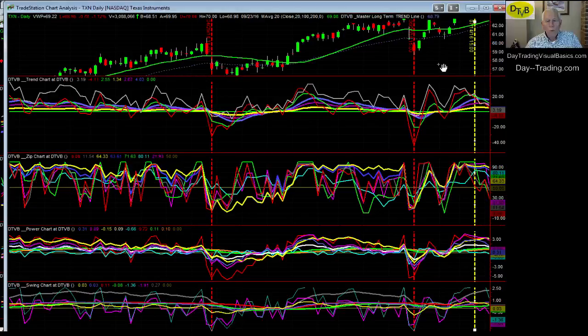For Zip red, we have a couple different categories. When Zip red moves 70 plus points and ends up in the 80 to 90 range, the price will typically go down next day.